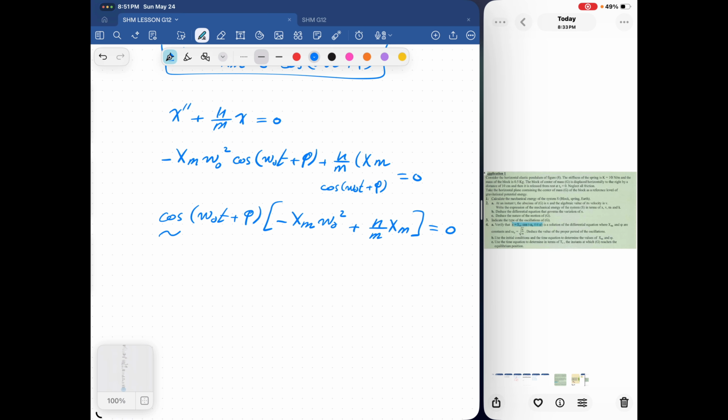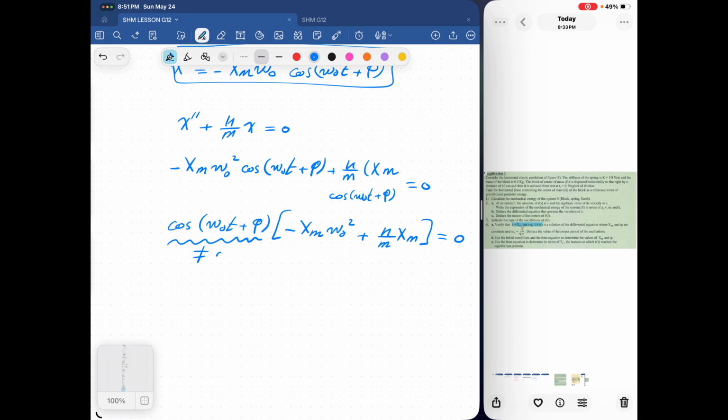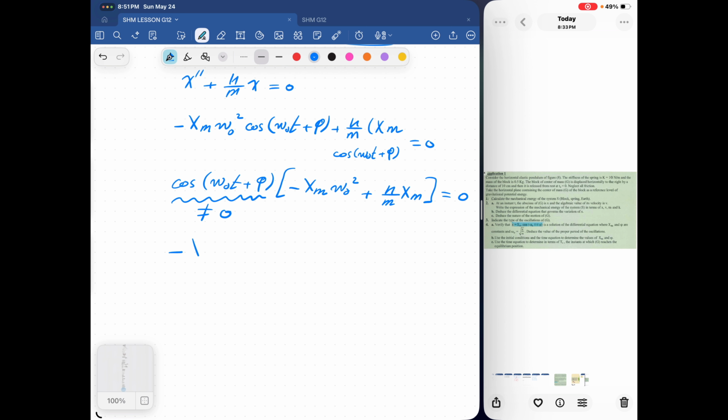Now this obviously cannot always be 0, or else x would always be equal to 0, which doesn't make any sense, because this is different from 0. And now we get that minus xm w0 squared plus k over m xm should be equal to 0. Let's substitute for w0 squared. It is given that w0 is equal to radical k over m, so minus xm radical k over m squared plus k over m xm is equal to 0.